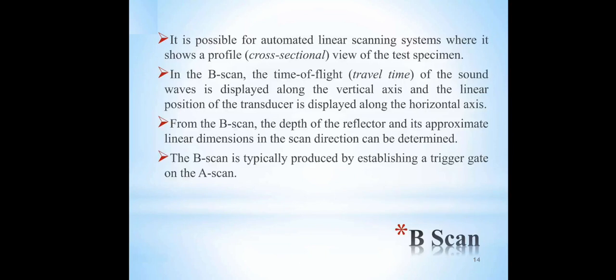From a B scan, the depth of the reflector and its approximate linear dimensions in the scan direction can be determined. The B-type scan is typically produced by establishing a triggered gate on the A scan.